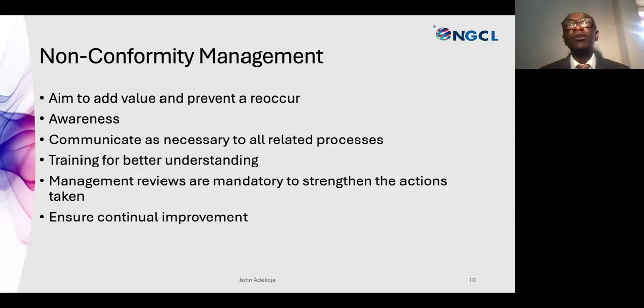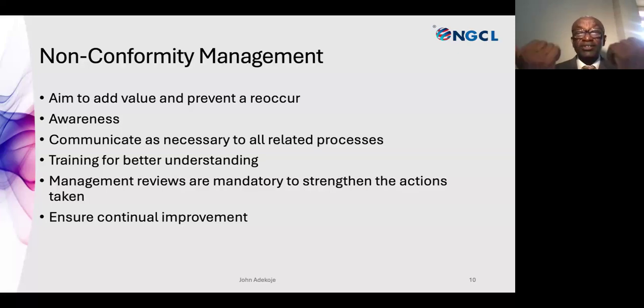Then, how do we manage the non-conformity? Usually, even when a non-conformity arises, these are opportunities to add value. These are opportunities to learn more. These are opportunities to even know more.